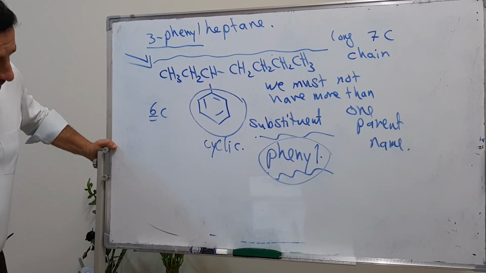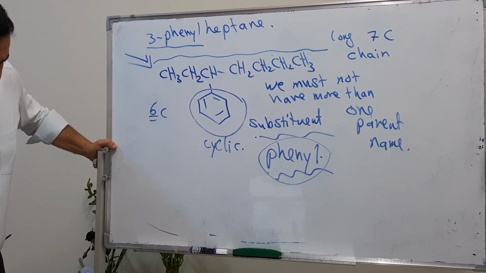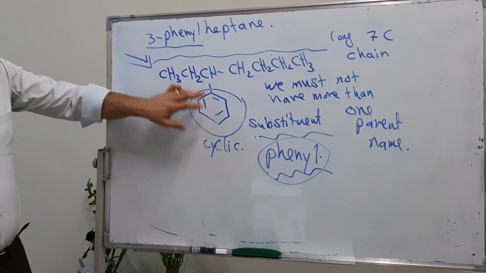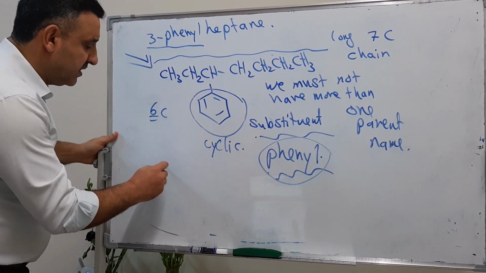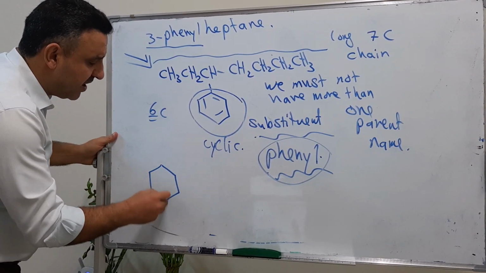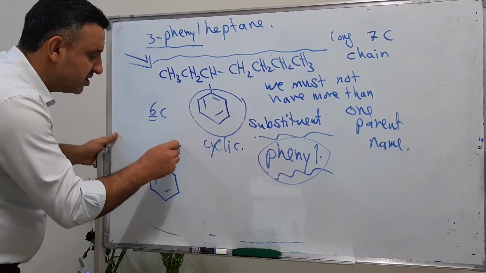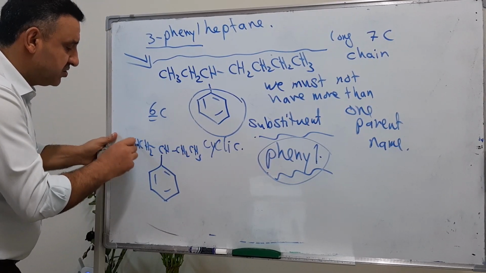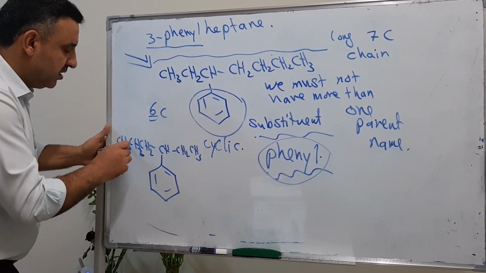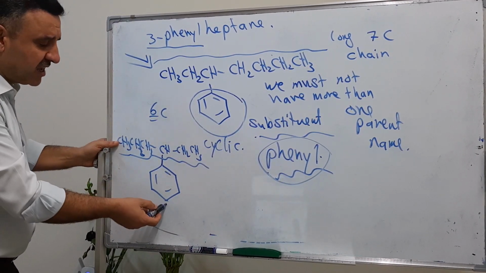Yes. All right? Yes, please. If they are 6 and 6, where do we start numbering? Generally speaking, if we have benzene and a cyclic system, then the benzene should be the parent name in this case. Actually, both are fine by IUPAC, but in this case, for example, here, CH2, CH3, for example, CH2, CH2, CH3, you can consider this as a parent name or this as a parent name.